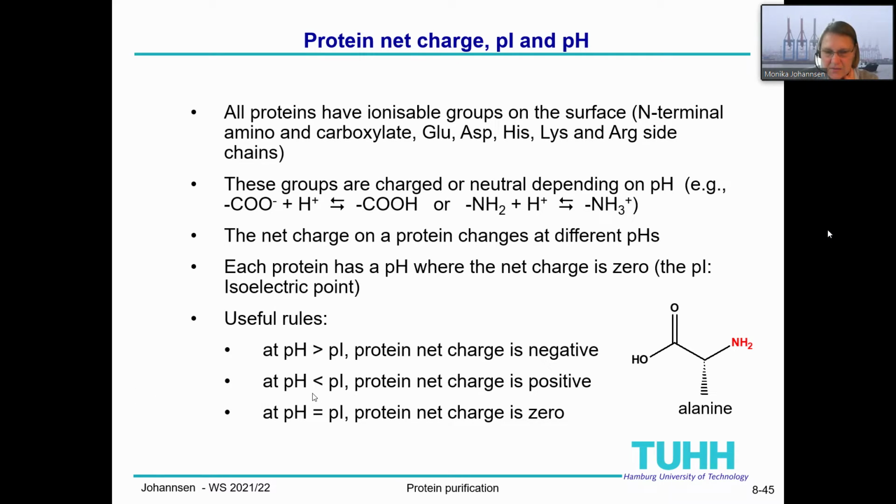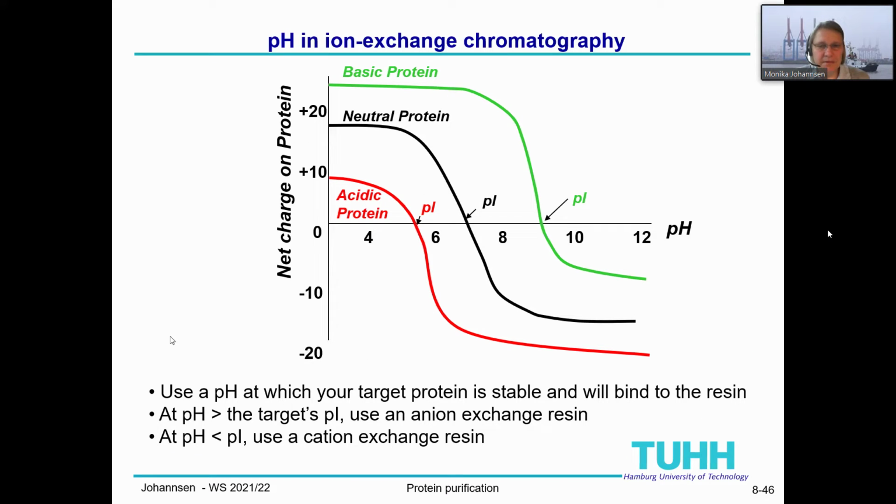At a pH smaller than the pI, the protein net charge is positive. In this case, we would use a cation exchanger. And at a pH the same as the pI, the protein net charge is 0. It means there won't be any binding to a charged surface in ion exchange chromatography. So we can influence the net charge on a protein by pH.